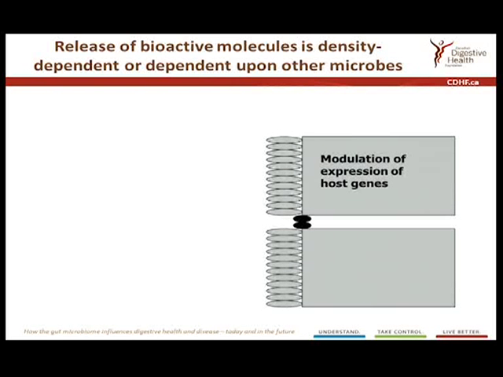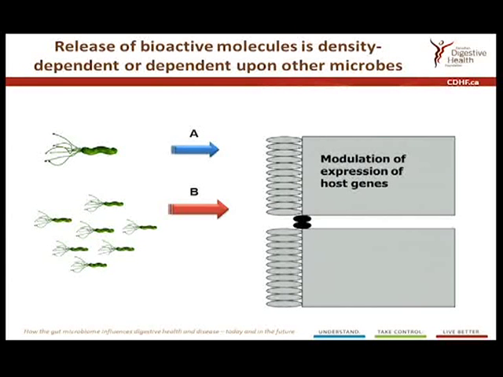So just some final notes. A lot of the release of these things is density dependent, or as I said, dependent on other microbes. If you get a little bit of microbe A, it releases a signal. But when there are a whole lot of these, they grow, then they talk to each other, they release quorum signals, and they say, we got a whole mass of us, and then they release a different signal.